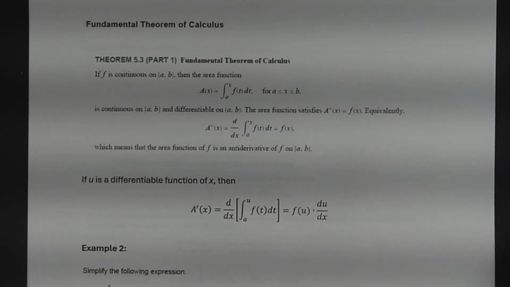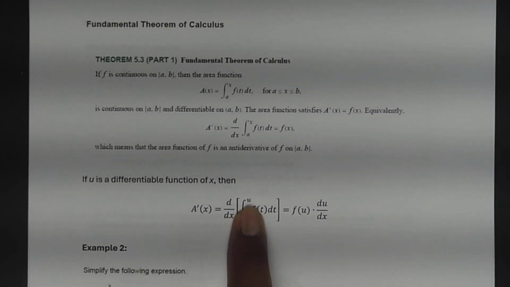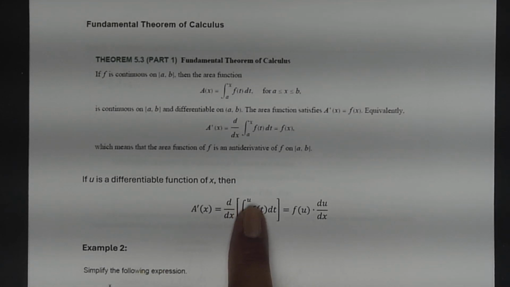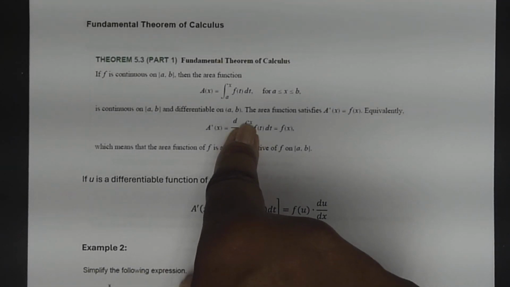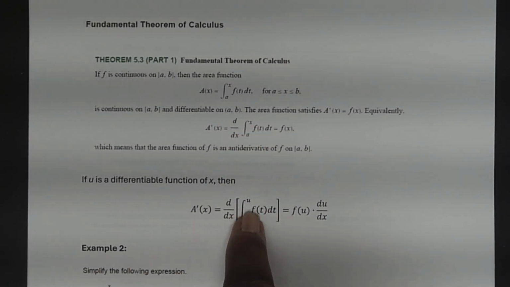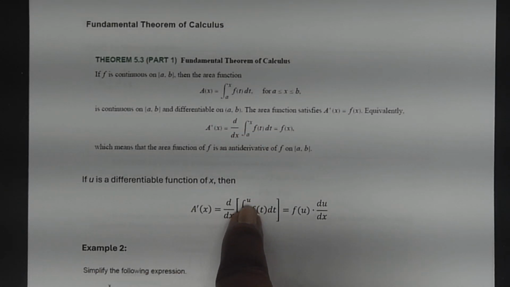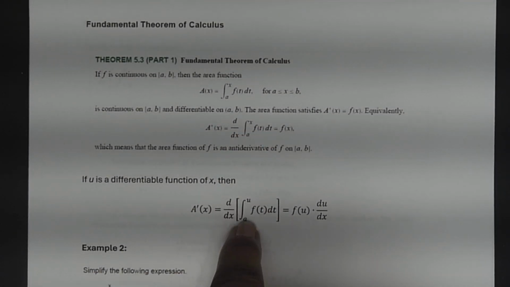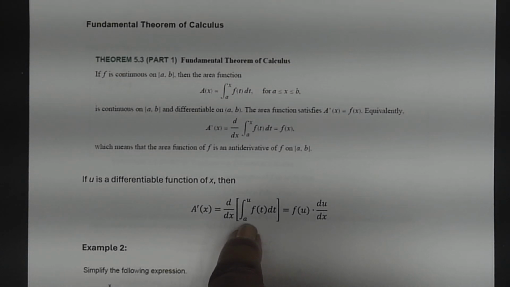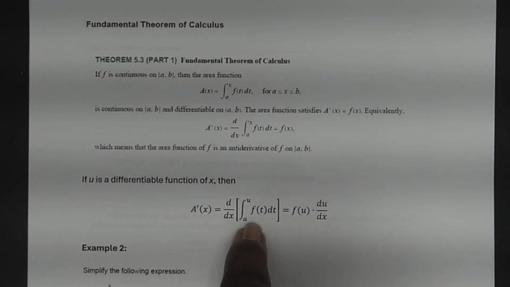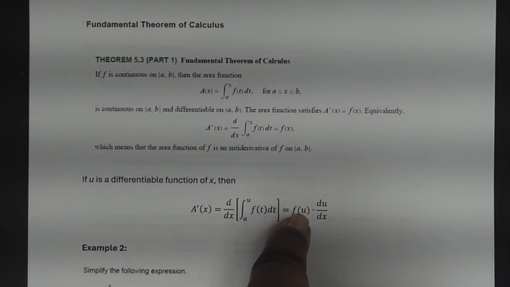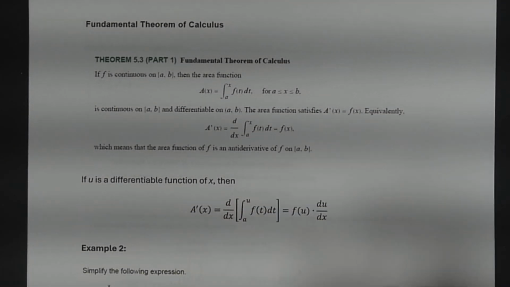So here we just take this u up here, and usually it has to be an x up here as our upper limit, as you see here. But if it's something else, and of course the a has to be some numerical value, a is a constant, that's your lower limit. But if u is something other than that x, then we'll take this u and replace it with f of u and then simplify it.